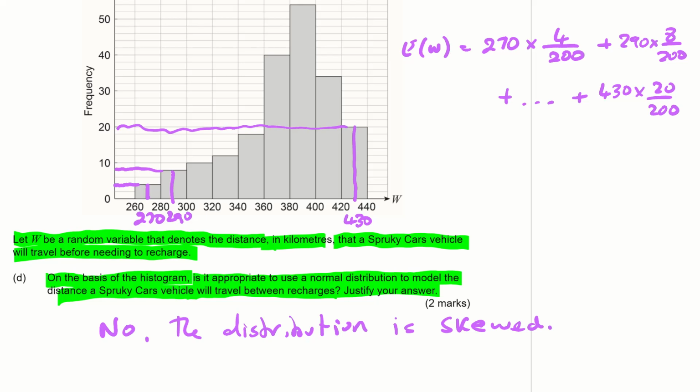For this vehicle to go the distance required, which is 420, that is just our 20 out of 200, which is 0.1. For Spruky it's 0.1, and therefore we can conclude she's better off in a Zapra.